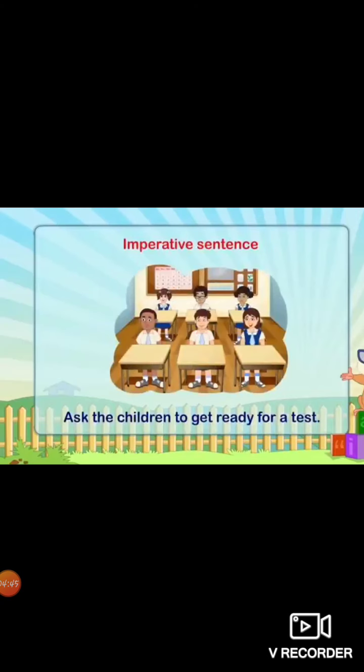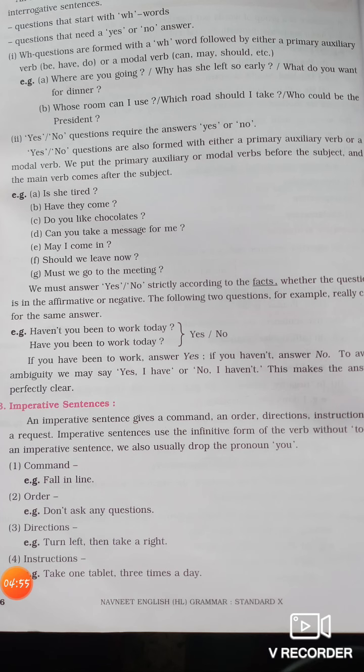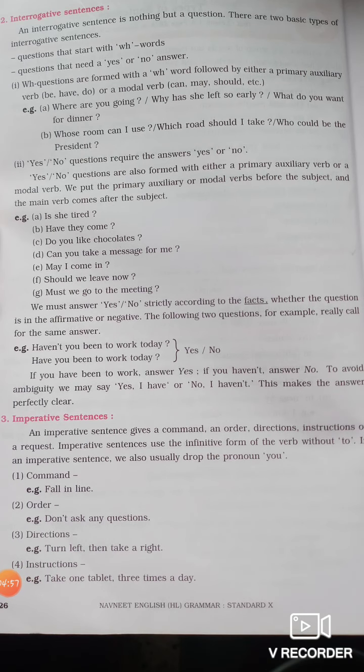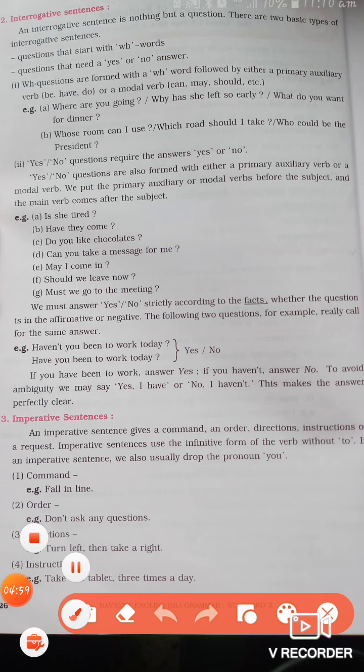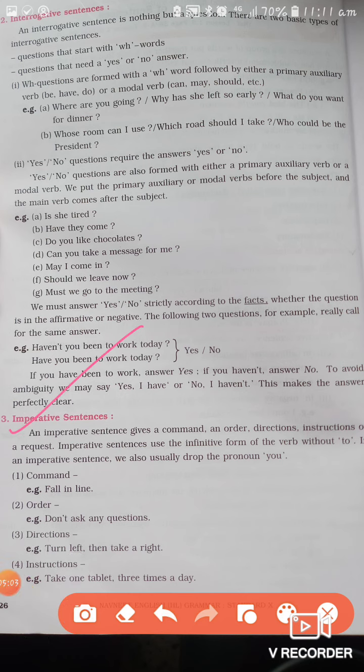See children, an example of an imperative sentence will be, ask the children to get ready for test. See here children, an imperative sentence gives a command, an order, direction, instruction, or a request.